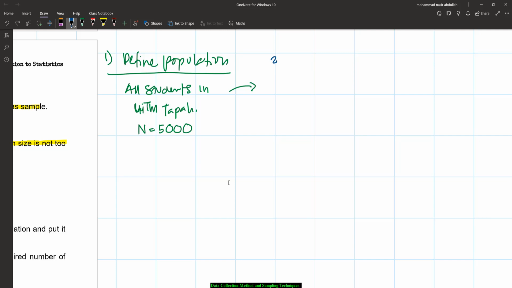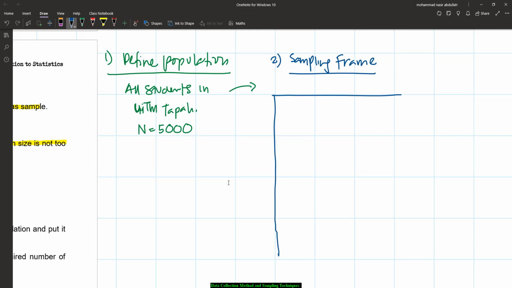let's say the sampling frame. You need to have a complete list of the sampling frame. Let's say you have a list of members in the population, from 1 to 5000.